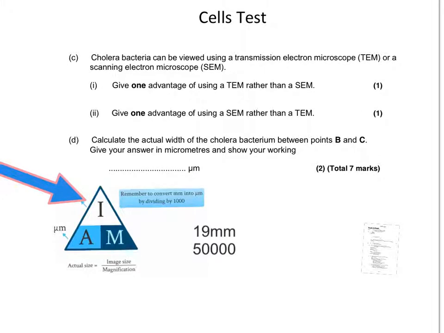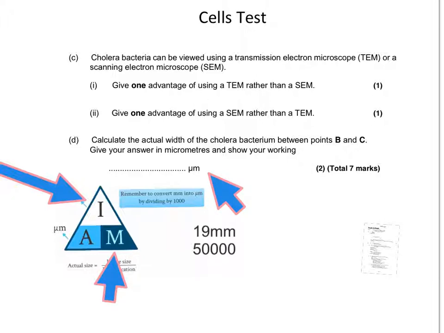Okay, so going to my triangle, I know that the image is 19 millimeters, and I know the magnification, it's 50,000. So I take the 19 millimeters divided by 50,000, and that gives me a really small number, 0.00038. But if you look at the question, the question does say that it wants you to work it out into micrometers.